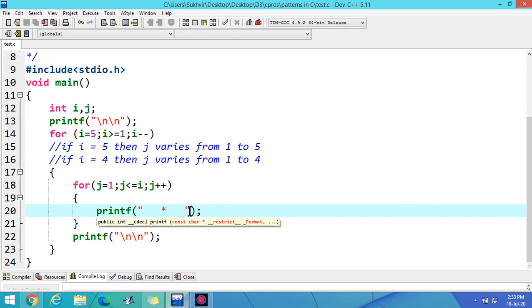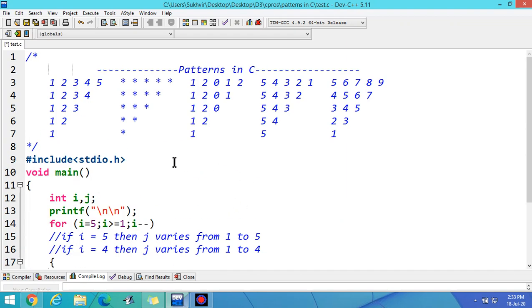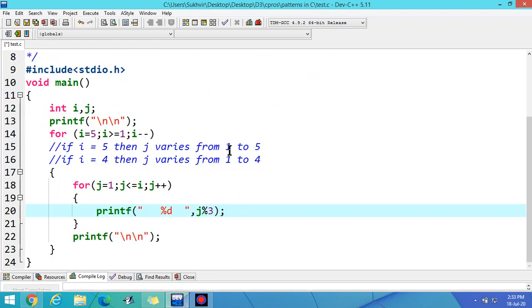It means the content is j modulus 3, because the number 4 when divided by 3 gives the remainder 1, 5 when divided by 3 gives the remainder 2, 3 when divided by 3 gives the remainder 0, and 1 and 2 as they are.